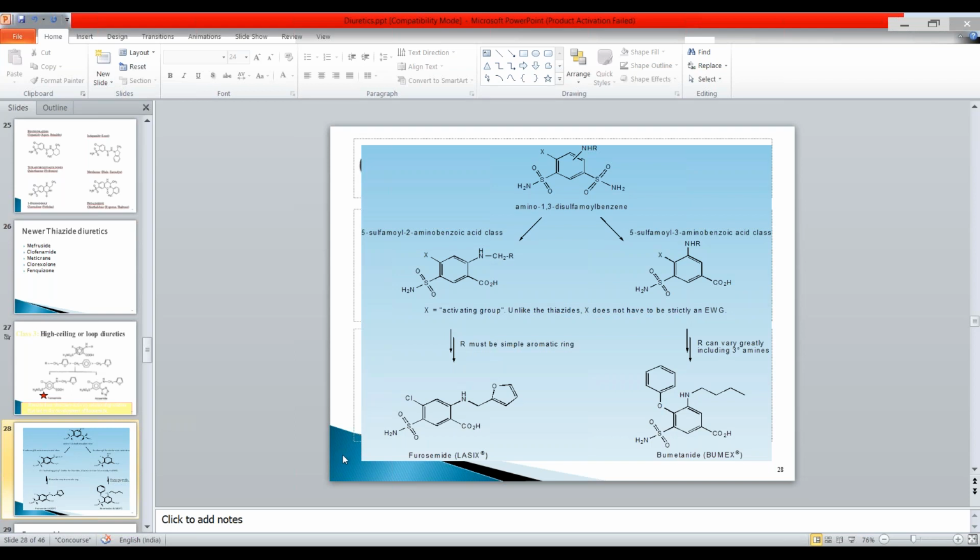Mechanism of action. This class of drugs inhibit sodium, potassium and 2-chloride ion co-transportation. Next point, they enhance the urinary loss of potassium and hydrogen ions.